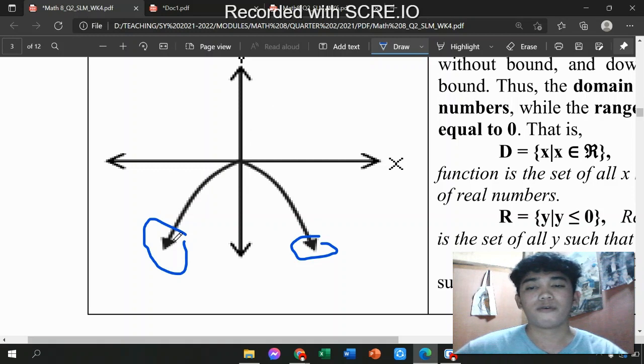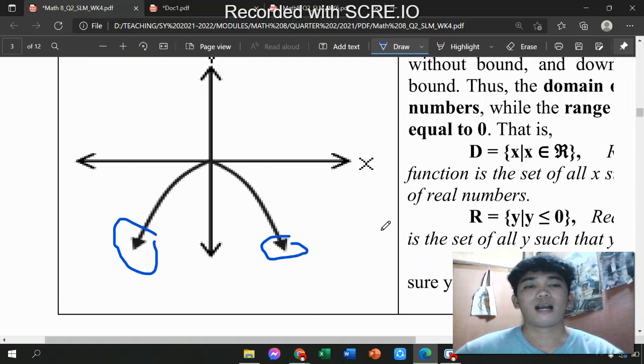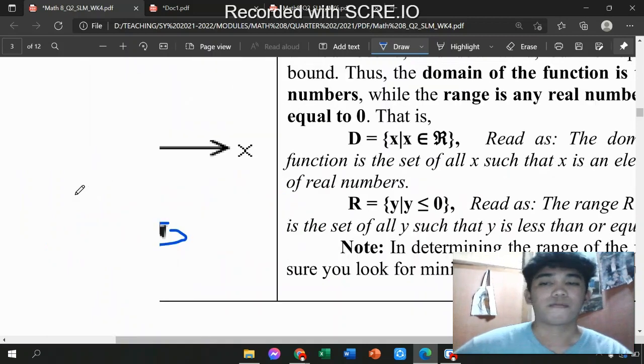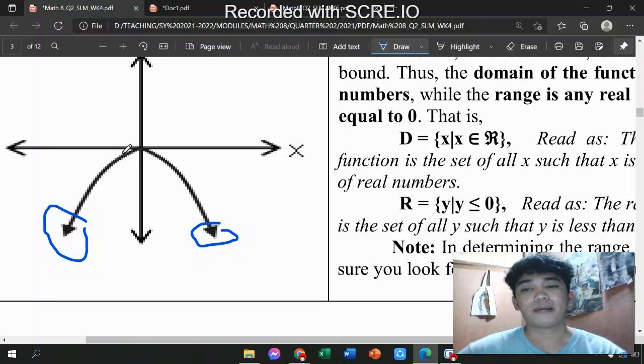So naa ra man siya sa ubos, so meaning ang atong range is puro negative. That is why our range is any real number less than or equal to 0. Again, because pa-downward man ang atong graph, which is negative ang values. Less than or equal to 0. Kinitungtong man siya sa origin.